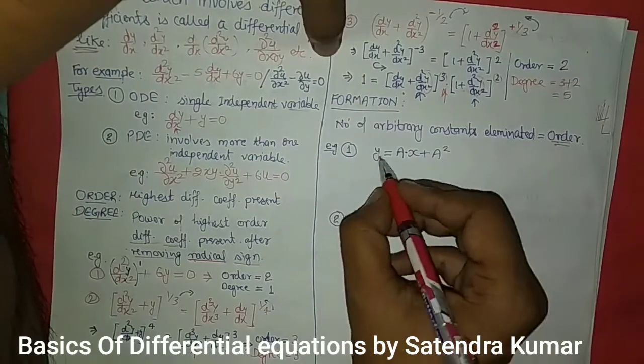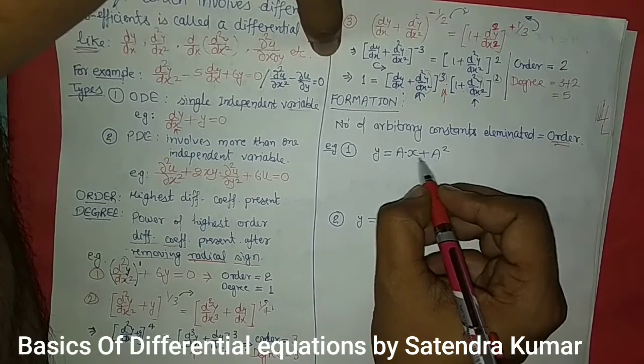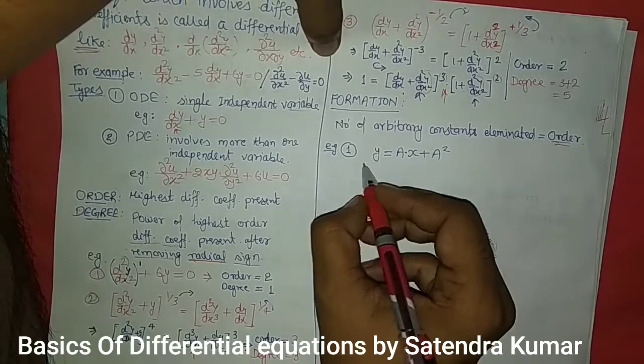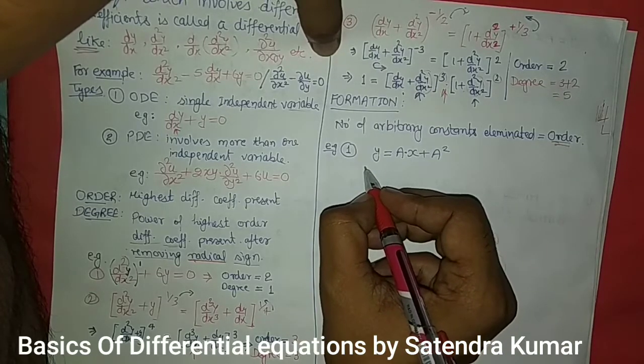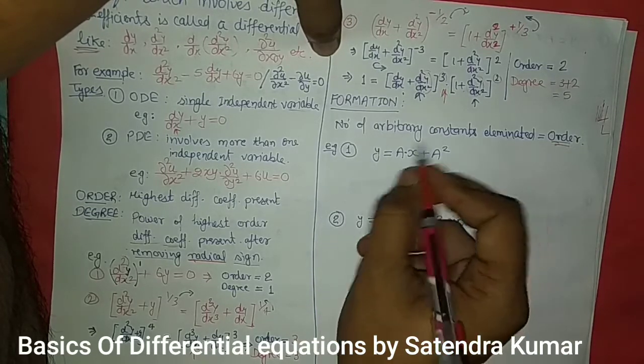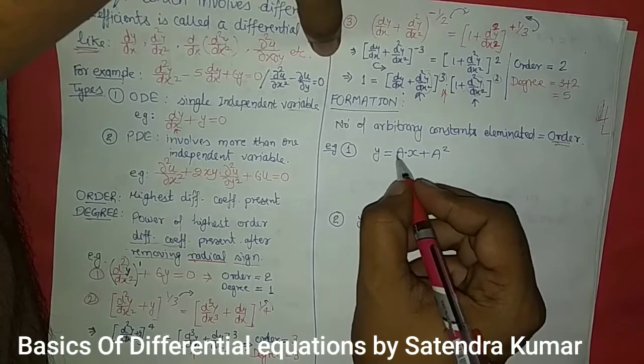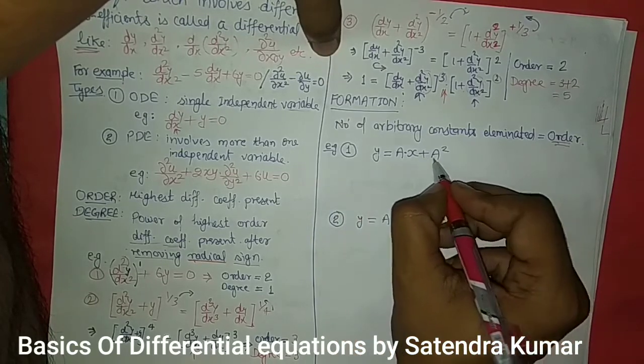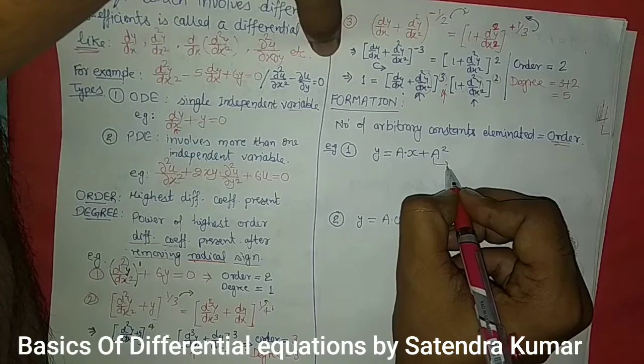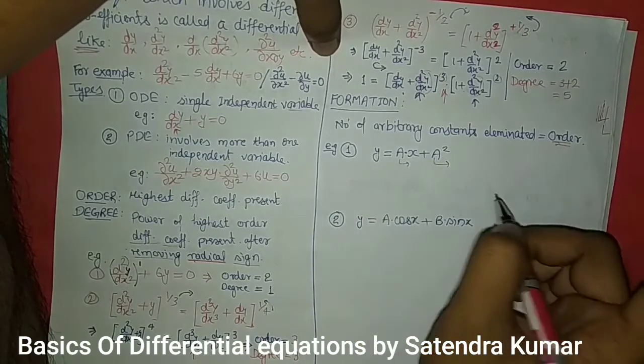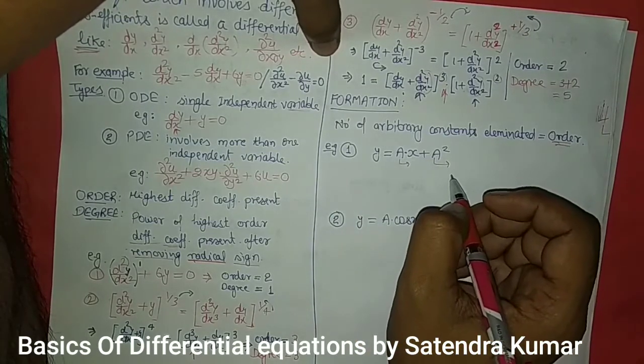So here for example, y is equal to ax plus a square, we have to find the differential equation of this curve. This is linear, like y is equal to mx plus c, where a is the arbitrary constant, but it repeats, so only one arbitrary constant is here.